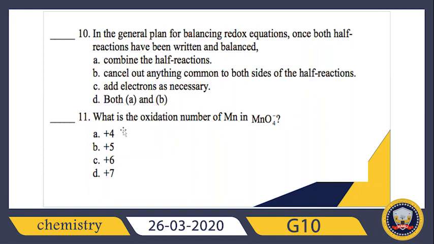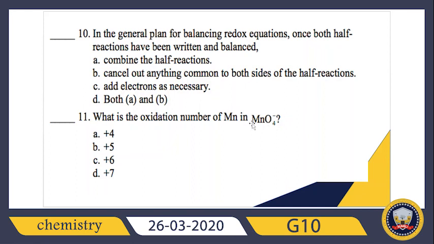Okay, so now question 11. What is the oxidation number of Mn in MnO4 minus? Now for oxygen, the oxidation number for oxygen, just one atom of oxygen, is -2. So you have 4 atoms, so the whole is -8.